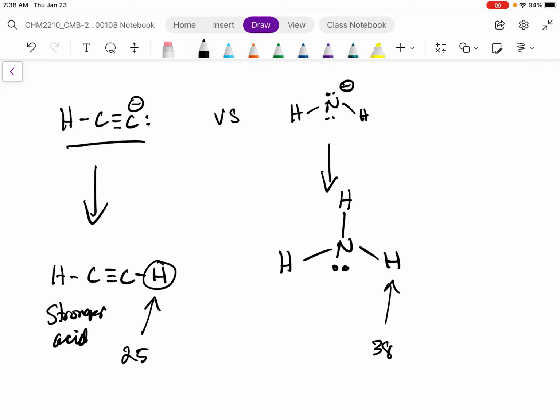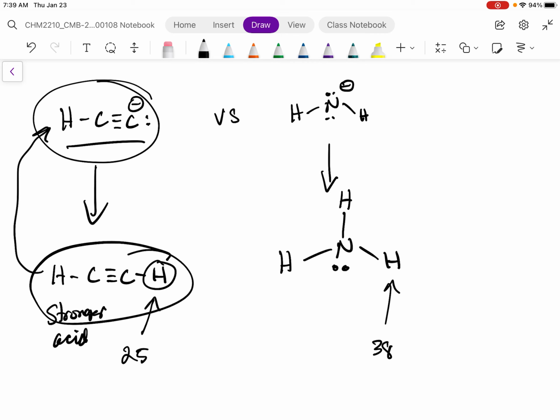And so the stronger the acid, the weaker its conjugate base is. Okay? And so that conjugate base is going to be weak because it comes from a strong acid. So by default, that makes this guy the stronger base.